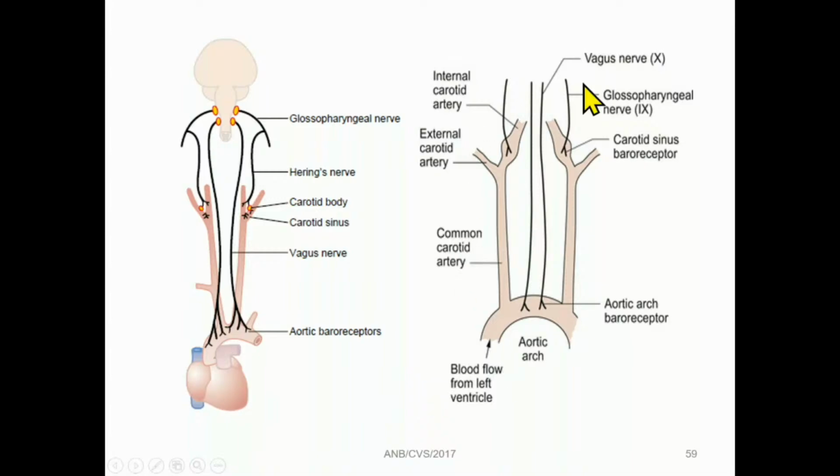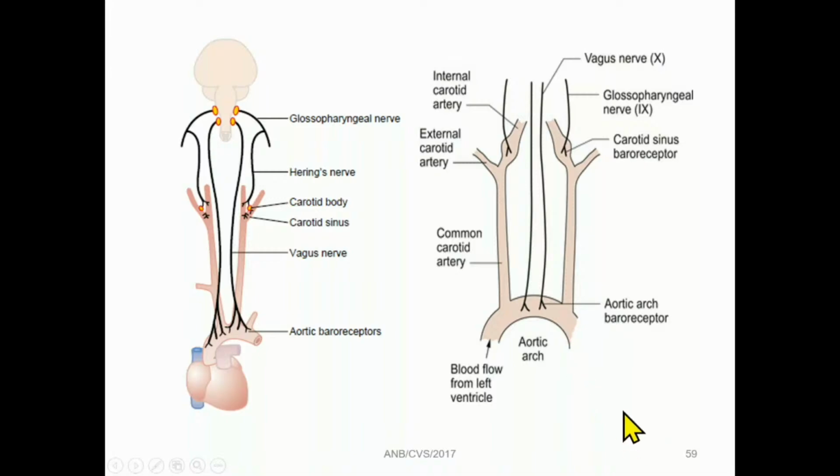Now you can see in this figure, what does this figure indicate? It indicates the arch of the aorta and the presence of baroreceptors, and it shows the innervation by the vagus nerve. Similarly, these baroreceptors are present at the internal carotid artery, at this pouch-like or cavity-like structure that we call the carotid sinus, the carotid sinus baroreceptors.